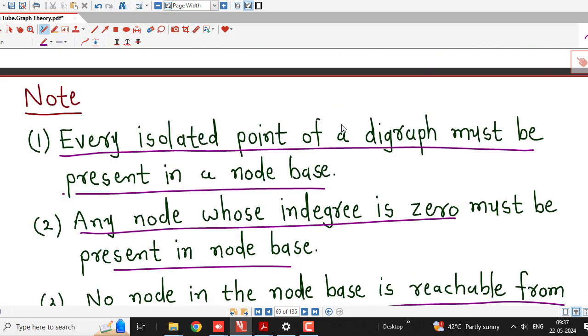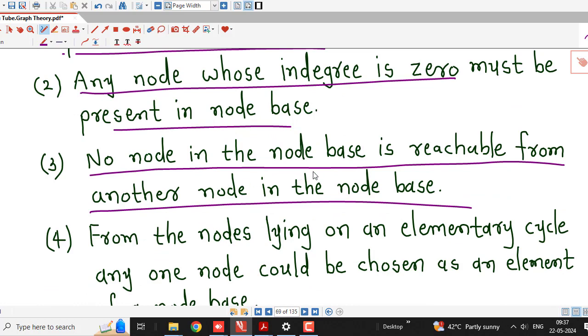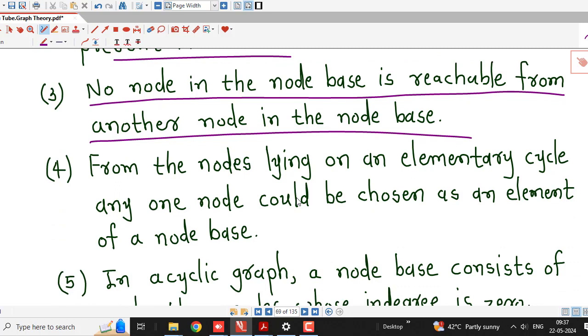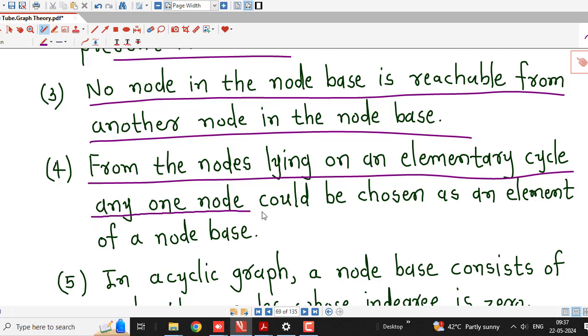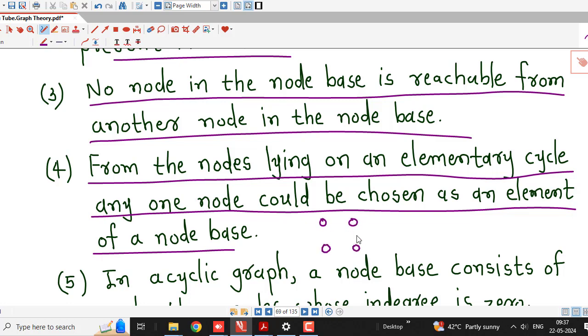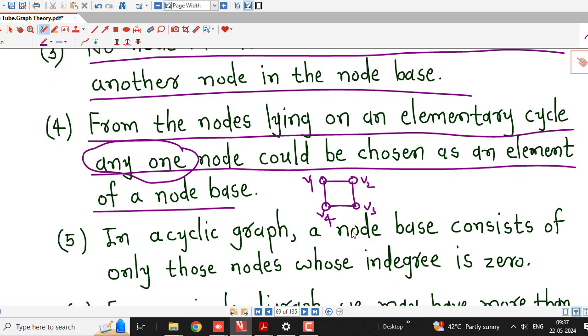So this is also important: no node in the node base is reachable from another node in the node base. From the nodes lying on an elementary cycle, any one node could be chosen as an element of a node base. That is, if we have an elementary cycle, then from all these vertices we can choose any one node in the node base.